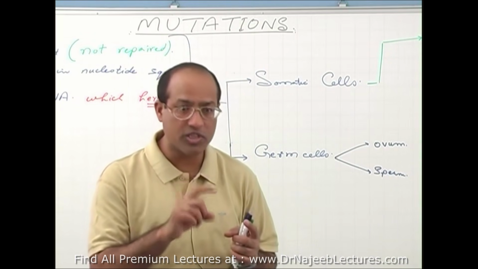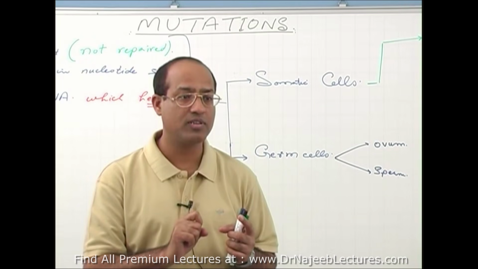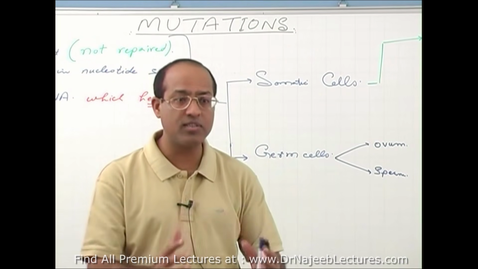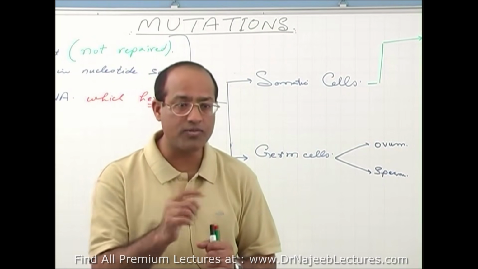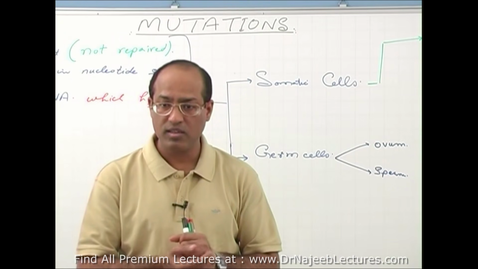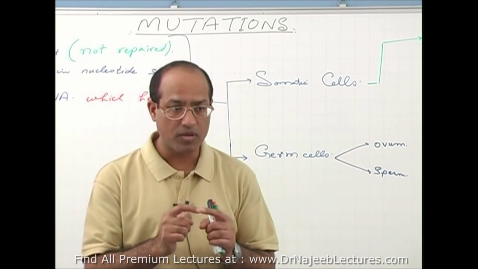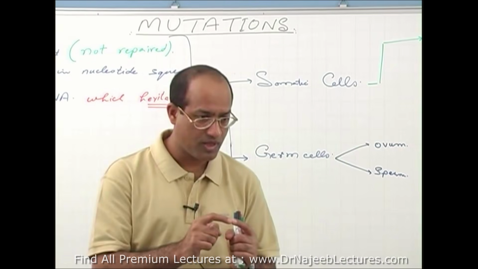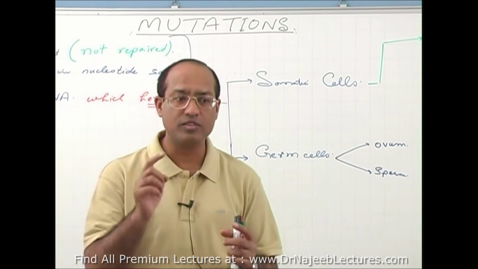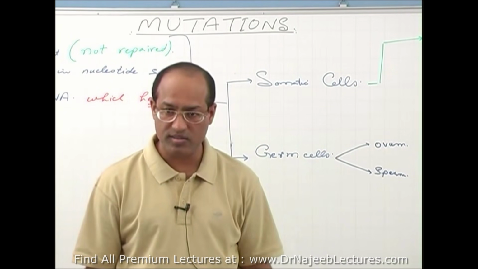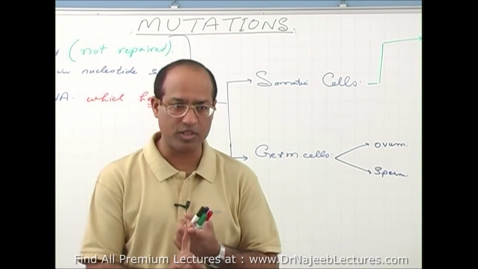if that mutation is compatible with life, then the baby which is born as a result of that fusion of abnormal sperm and ovum will have the same mutation in all the cells. Again, let me recap it.